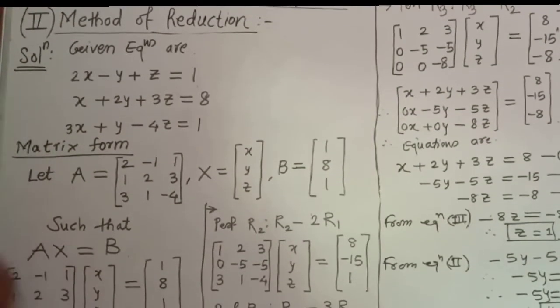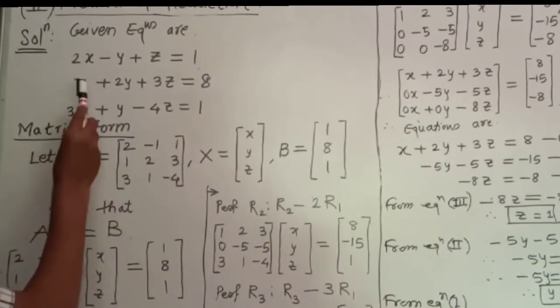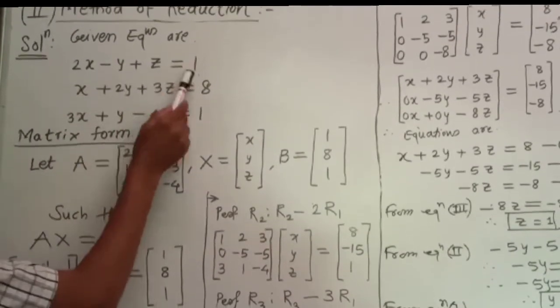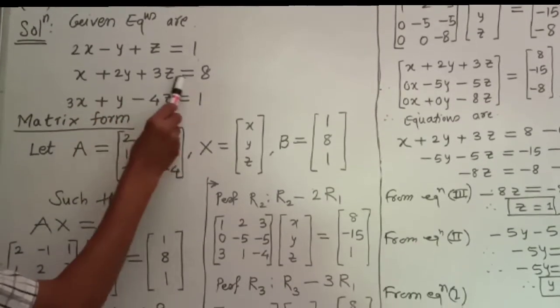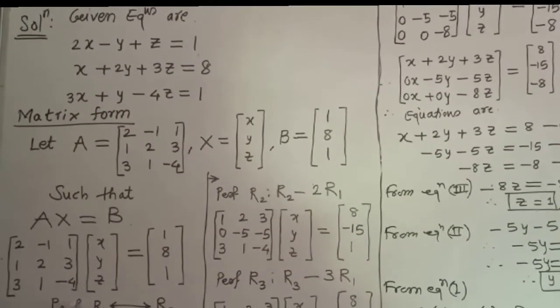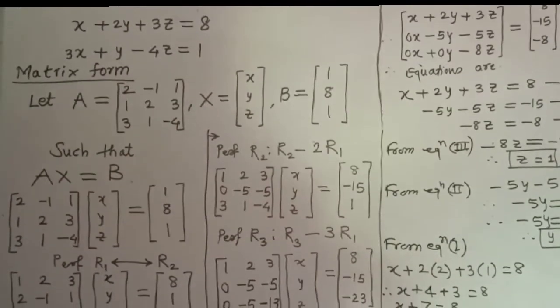Now the solution. Given equations are 2x minus y plus z is equal to 1, x plus 2y plus 3z is equal to 8, and 3x plus y minus 4z is equal to 1.